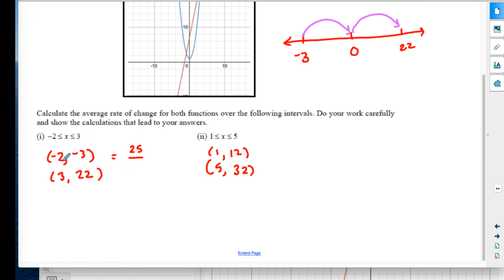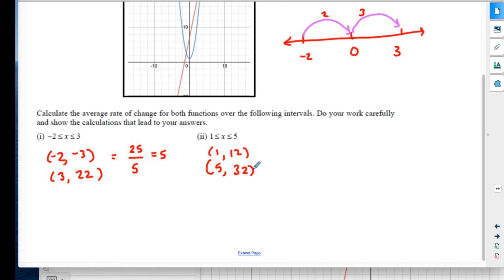Now, how far is it from -2 to 3? That is 5. All right, all I have to do is change my mindset. There is -2, there is 3, that's a distance of 2, and that's a distance of 3, I get 5. So my slope for my red line at this given interval is 5. Now, guess what?